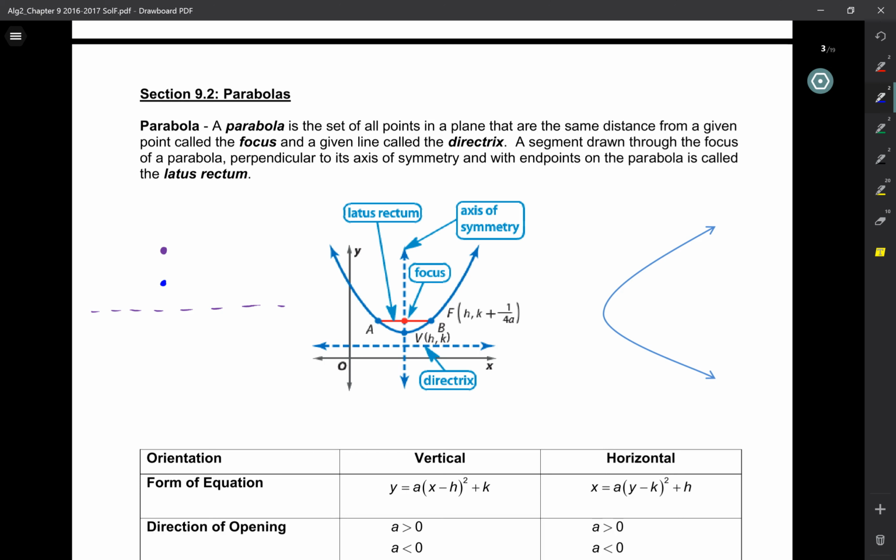Now, let me pick another point. I'm going to pick a point that's like 5 units away from the dot and the same number of units away from the line. So look at, for example, this one. Okay, the same distance to the point as it is to the line, right? And I'm going to put that right there. Now I'm going to do another one.